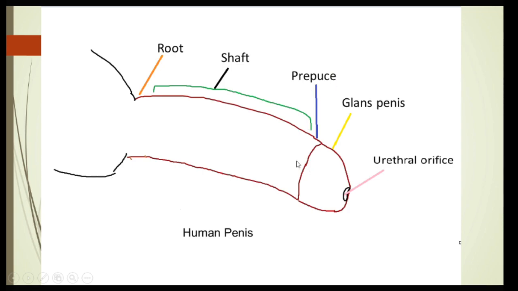At the end of the glans penis, in the middle of it, the urethral orifice is found. This is the urethral opening through which the urine and semen are given out. So this figure shows us the structure of the human penis.